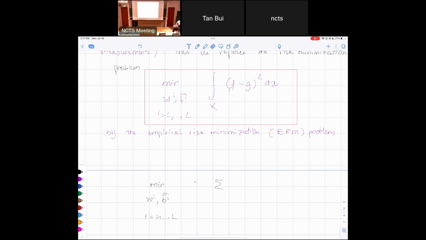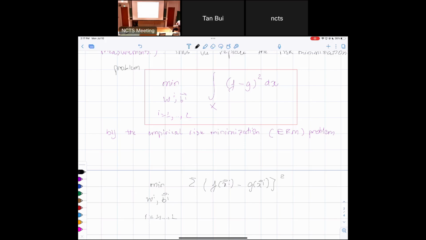Actually, let me write it in a more constructive way. We have G of xi, which is what we have measurements for. And then of course, you can evaluate your neural network function at xi, and then you square the difference. This is the error, or the misfit between your neural network and the actual data.